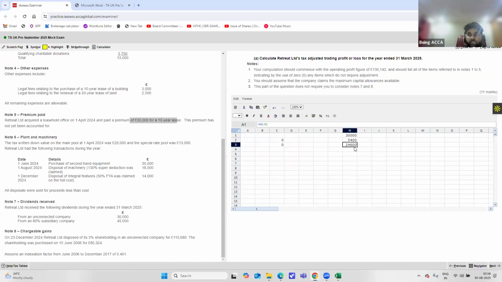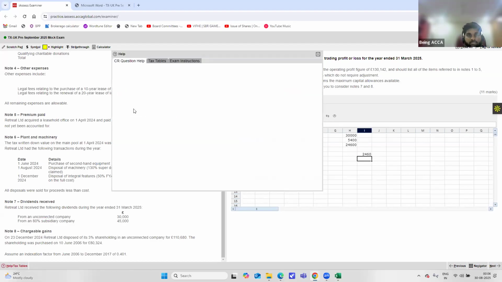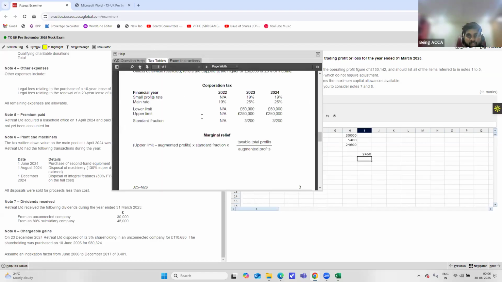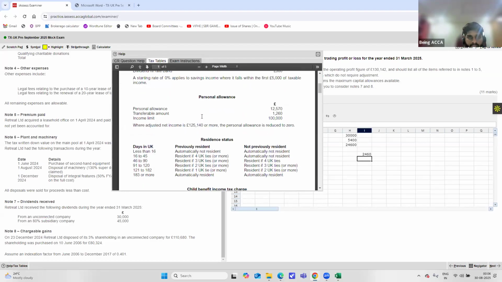Yes. Because 24,600 is for 10 years, how much should be accounted in this year? It should be 24,600 divided by 10. Even there we'll be deducting that only. No, we will not be adding it there as well. That will be given as a part of the tax table also, if I'm not wrong.